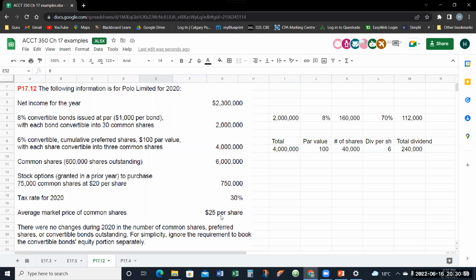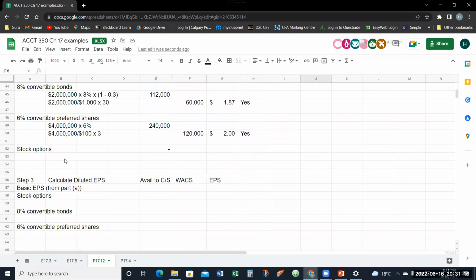Okay, so 5 divided by, and you're always going to divide by the market price. So market price is 25. So 5 divided by 25, that fraction is multiplied by the number of options. So 75,000 options times 5 over 25.